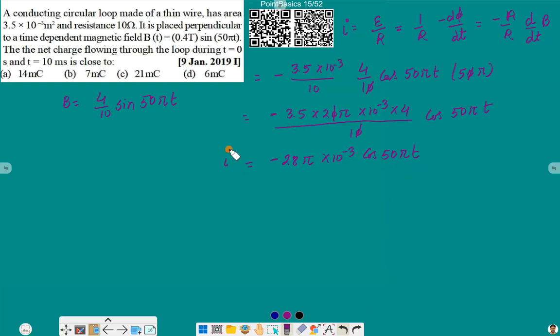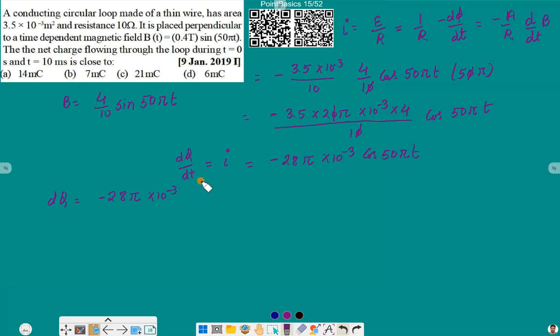Now this is the value of the current, and current we know is equal to dq by dt. As we have to find the total charge between 0 and 10 milliseconds, we will integrate it here. So dq will become minus 28 pi into 10 raised to power minus 3.